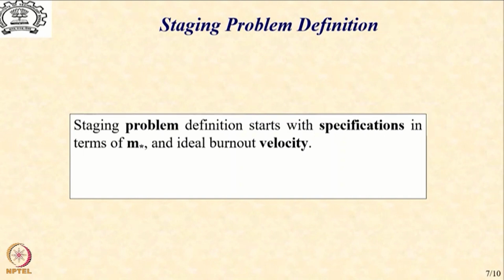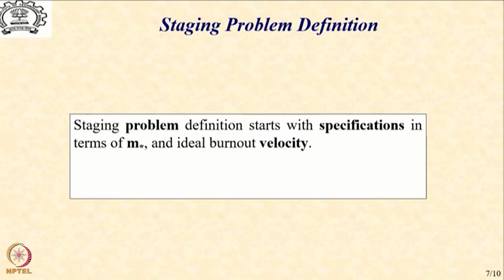Apart from m star or pi star as the primary driver for the design, we have also seen that a rocket has a mission objective in terms of orbit, and we have also established in our earlier lecture that the ideal burnout velocity is a good indicator of the nature of the mission that the rocket is required to perform.